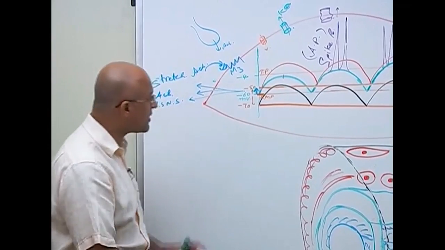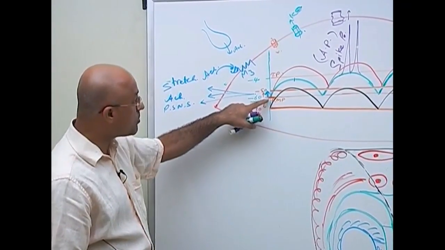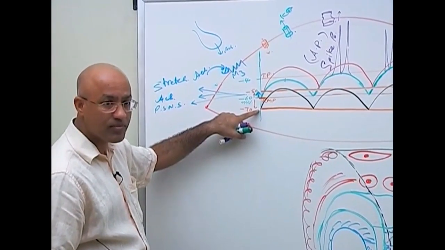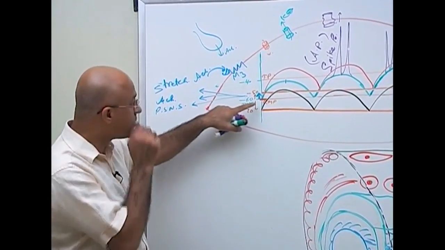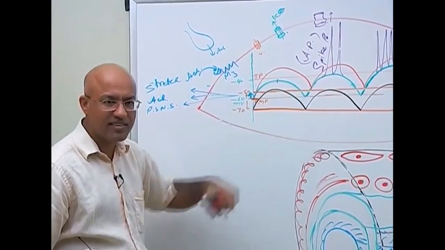Is that right? Then if the resting membrane potential is taken away and made more negative, it means the membrane is more hyperpolarized, right? Then smooth muscles become less excitable, right?